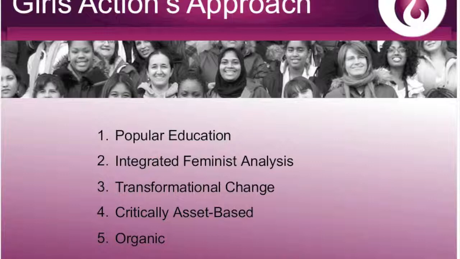So in a step-by-step process, what that could look like is starting your programming or starting an activity with get-to-know-you activities, encouraging girls to tell stories about what's important in their lives, and then following that as a facilitator or programmer to begin to identify patterns by noticing themes that are repeated in girls' experiences as they share stories.